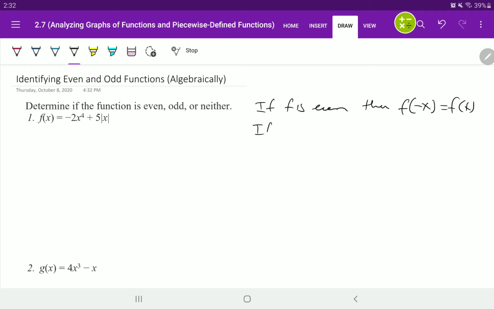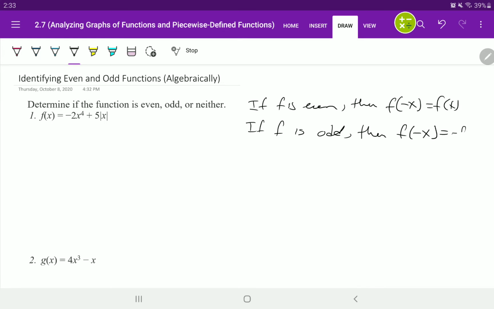If f is odd, or g, doesn't matter, then f of negative x will equal negative f of x. I'm going to show you how to do it algebraically, and then I'm going to give you guys a little shortcut at the end.